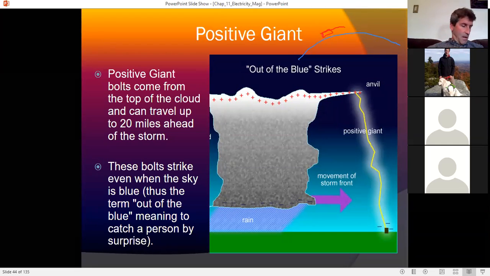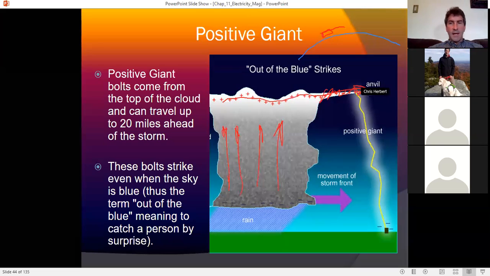Now, the cloud itself is generating all kinds of charge inside of it. And the charge is getting stronger and stronger. And it migrates along the top of the anvil. And as a cold front's moving forward, these cirrus clouds precede it. You're told that if you hear thunder, even if you don't see dark clouds, take cover. Here's the reason why.